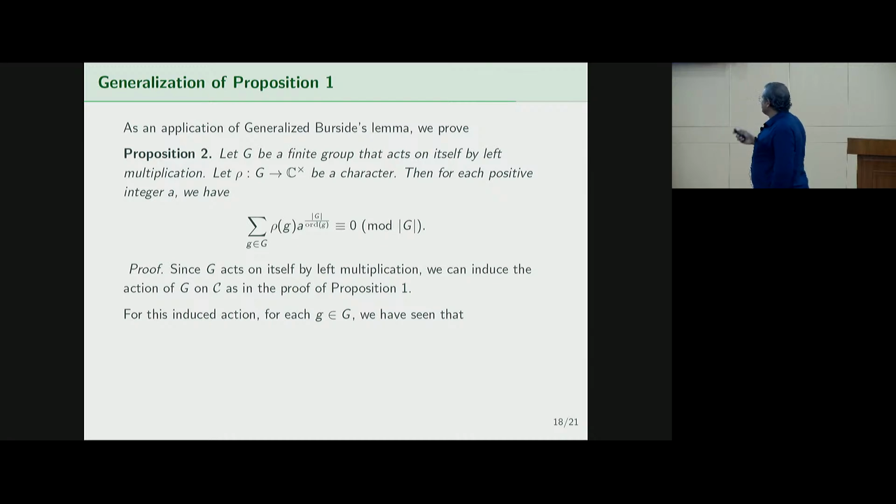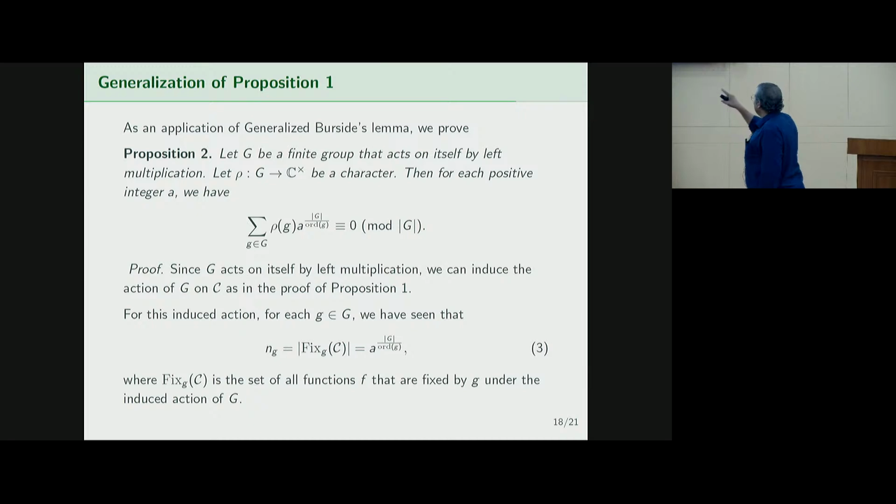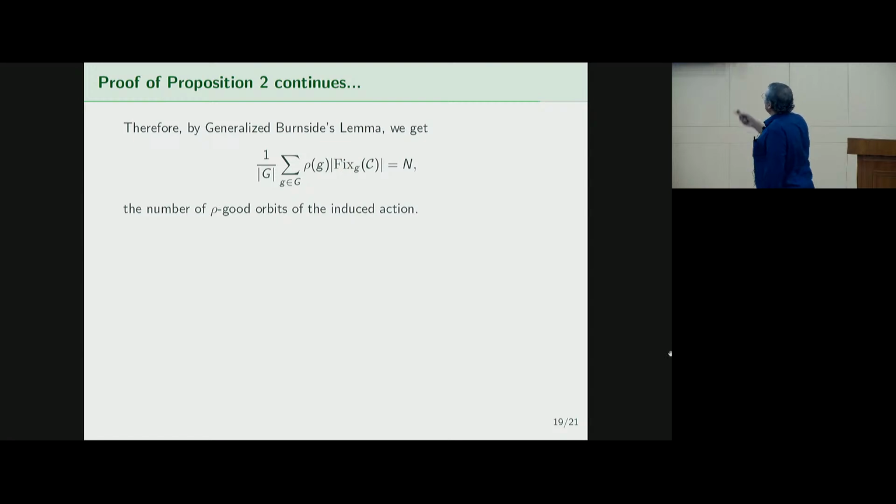For this induced action, for each g in G, Ng, the number of fixed points of g, is nothing but A to the power cardinality of G divided by the order of g. That is what we had in this action. So by the generalized Burnside lemma, we get the formula for n, the number of rho good orbits.